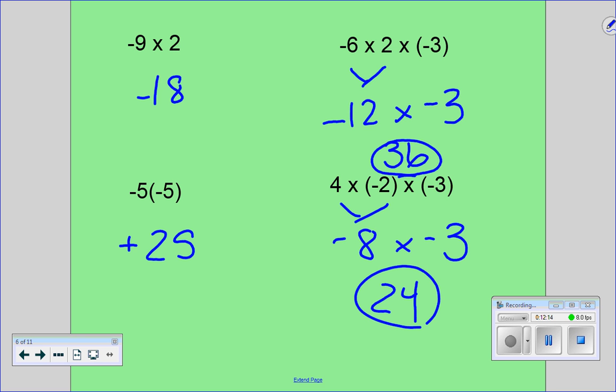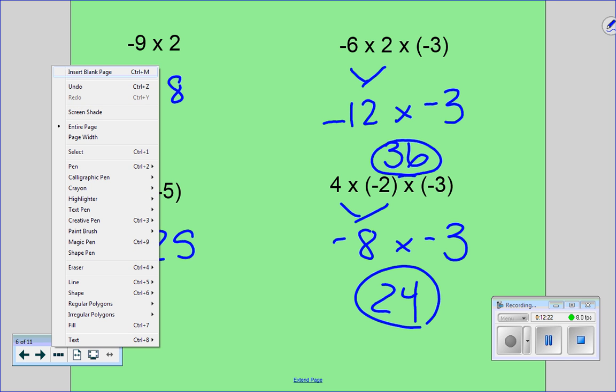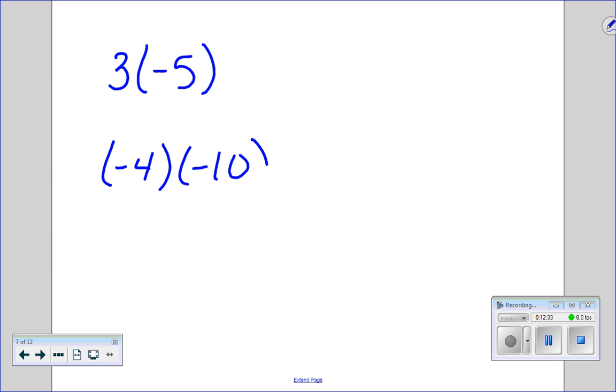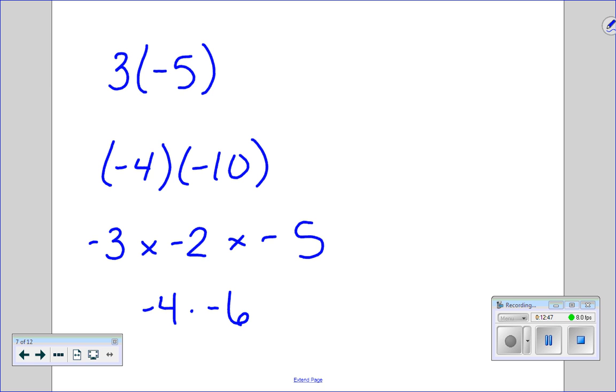Not too bad, right? Can I give you some to do on your own in your notebook? Okay, let's do that. I'm going to give you a few to do on your own in your notebook. Okay, so I have 2 with just 2 numbers, and the last 2 have 3.